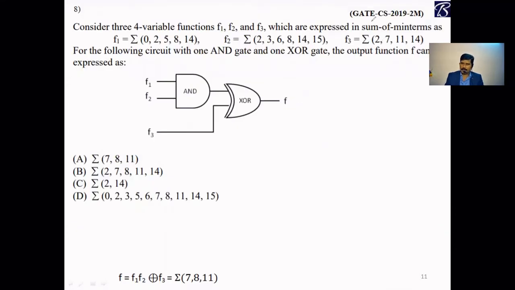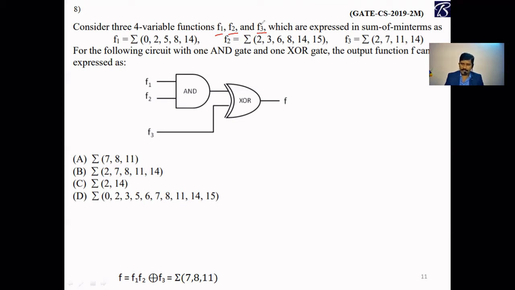This question was asked in GATE 2019 for 2 marks for the computer science people. If you observe this problem, consider 3 four-variable functions, f1, f2 and f3. The 4 variables may be A, B, C, D, or W, X, Y, Z you can take.